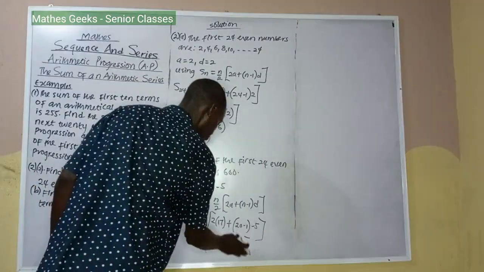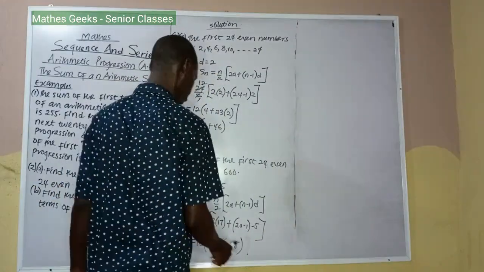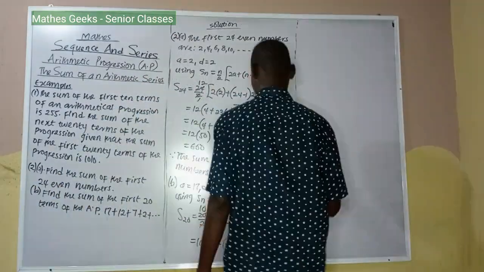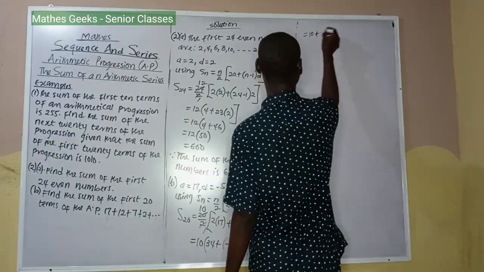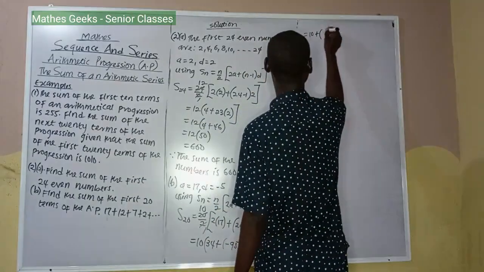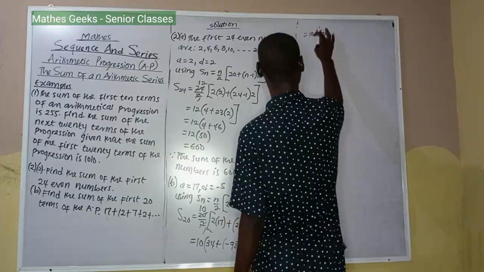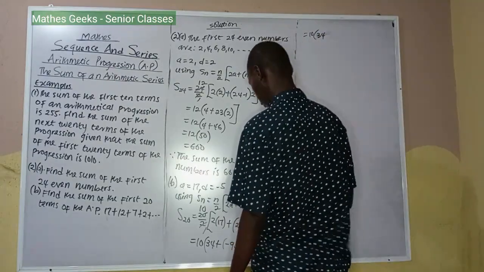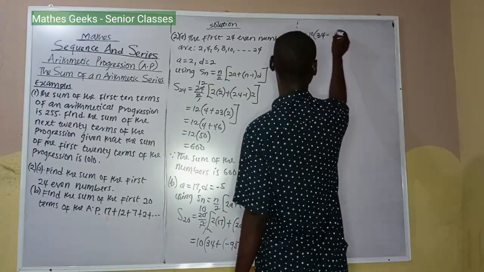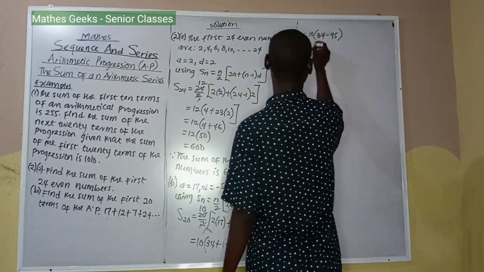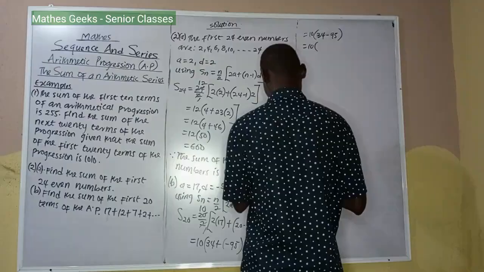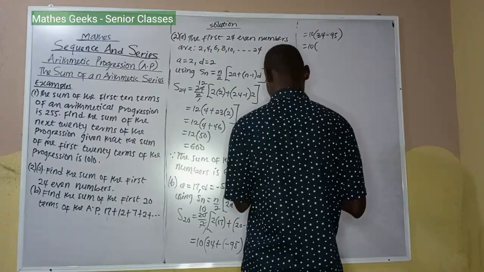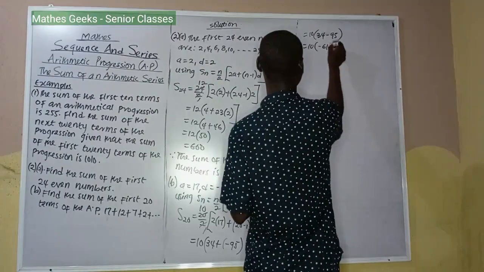And this will give us 10 times (34 plus minus 95). That will give us 10 times (34 minus 95), which is minus 61.